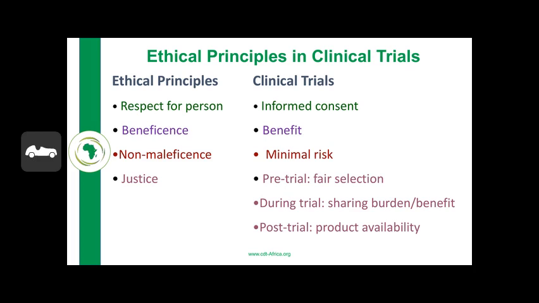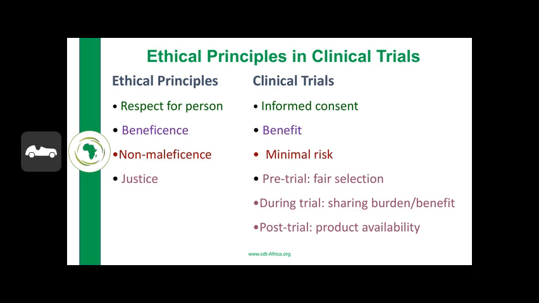The second one, beneficence, is applied through ensuring benefits of clinical trial. The third, non-maleficence, is applied through minimizing risks. And the fourth, justice, might be seen from three levels.